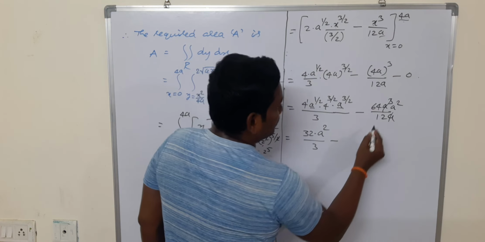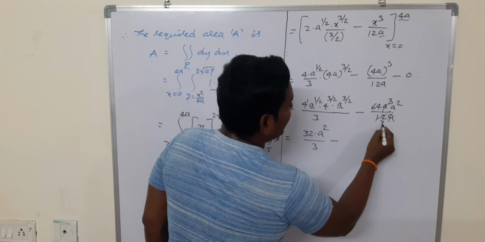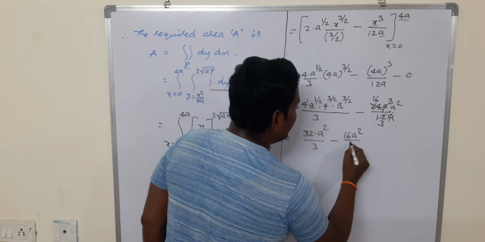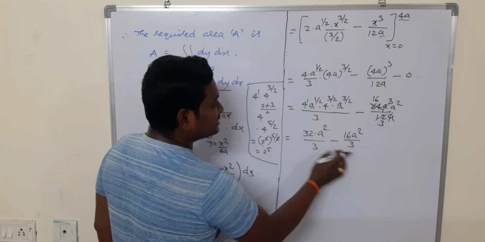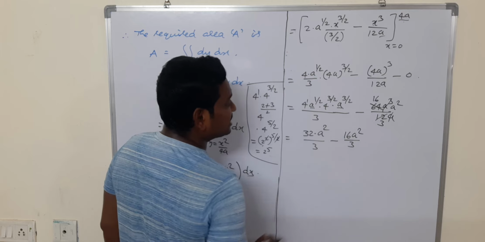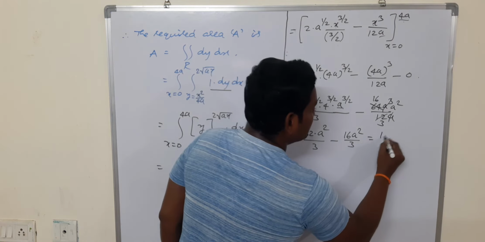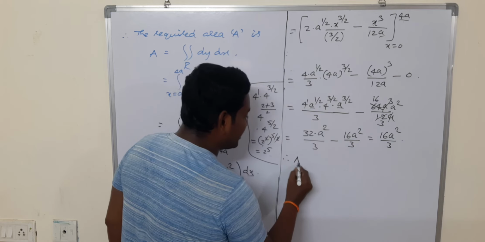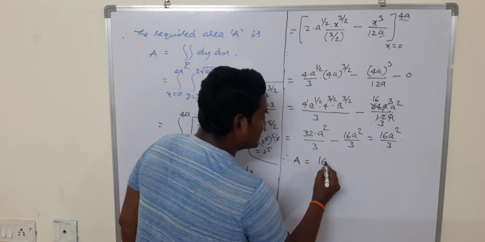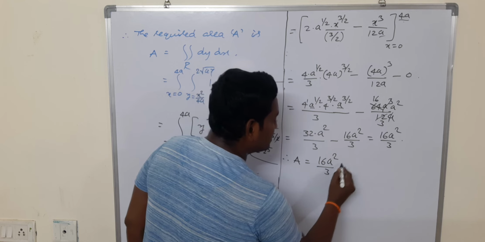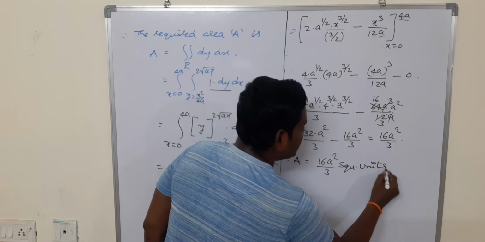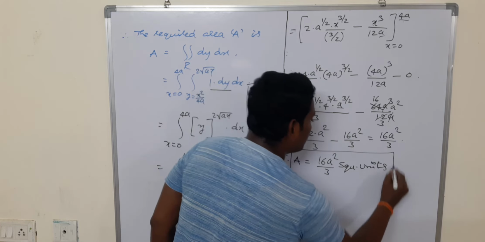And for the fourth term, 3 times 16, so you have 16a square by 3. By taking the LCM, 32a square minus 16a square is 16a square. 16a square by 3. So you conclude that the required area of the given region is 16a square by 3 square units because it is area. This is the conclusion of the given problem.